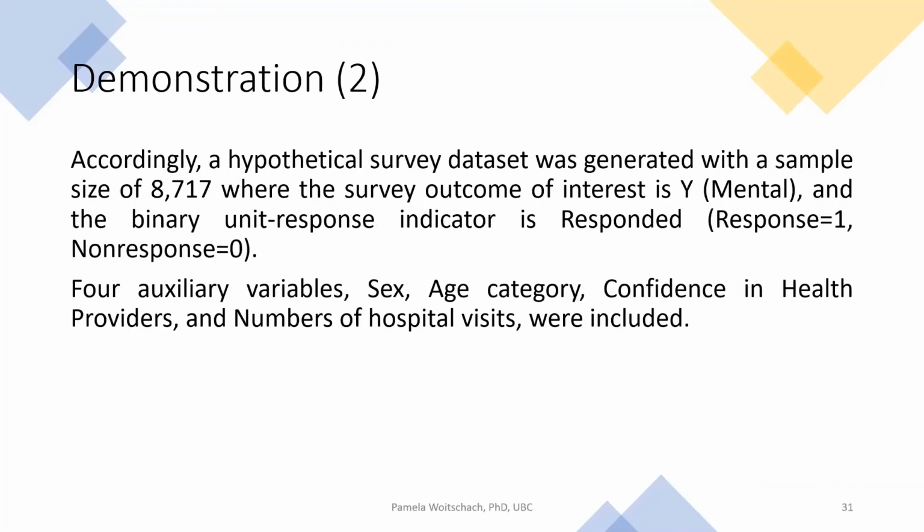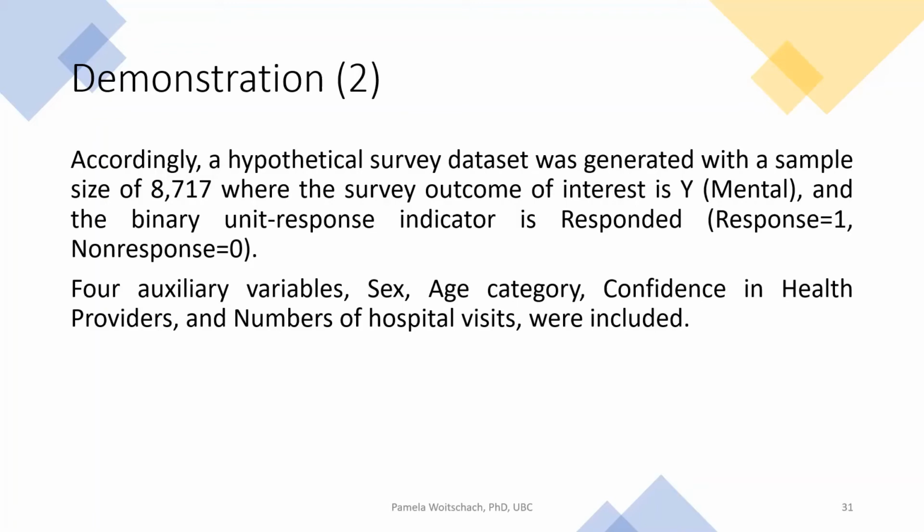We have a data set containing 8,717 participants, and our variable of interest is mental. Remember in our webinar part 1 that we explained an example. So this demonstration comes from that idea.